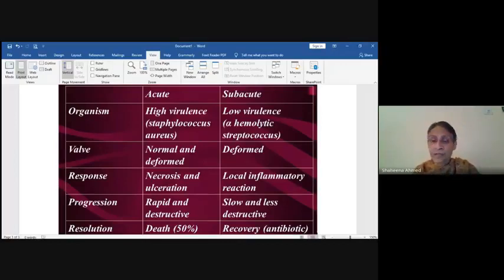Now, before we go any further, there is another difference which I thought we should definitely look into. I don't have a slide here, but still, I will go through it with you. This is the difference between dilated and hypertrophic cardiomyopathies. Now, you know, cardiomyopathy is where there is some sort of pathology which is primarily present in the myocardial muscle.